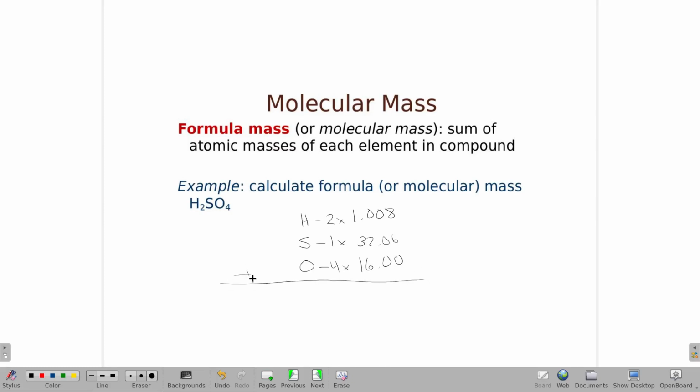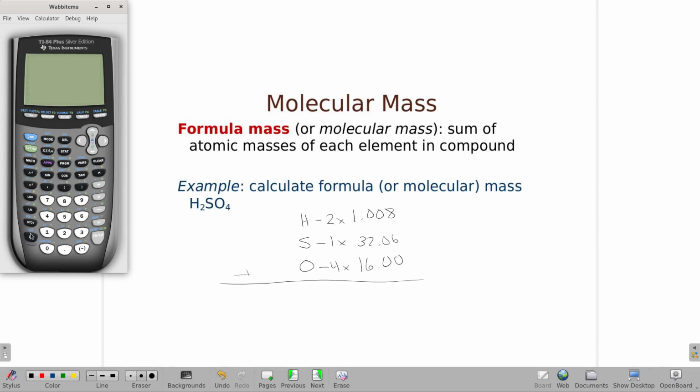So that entire molecule has a formula mass of, we can figure this out easily enough, so 4 times 16 plus 2 times 1.008 plus that 32.06, and I get 98.08.